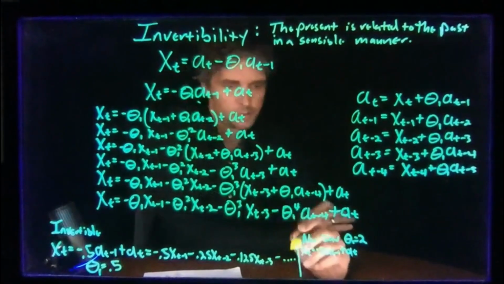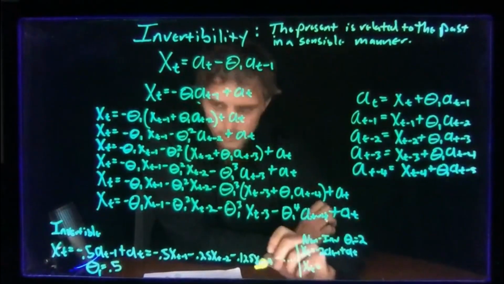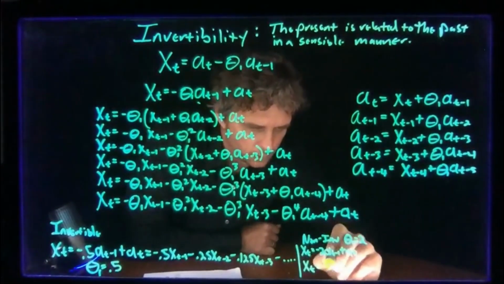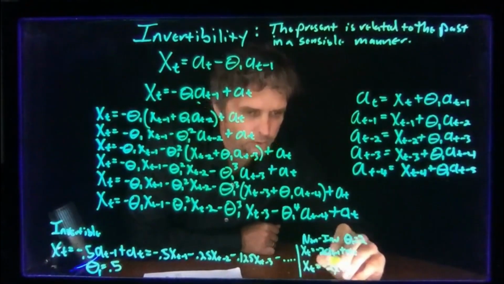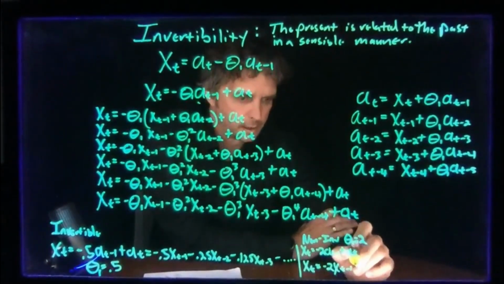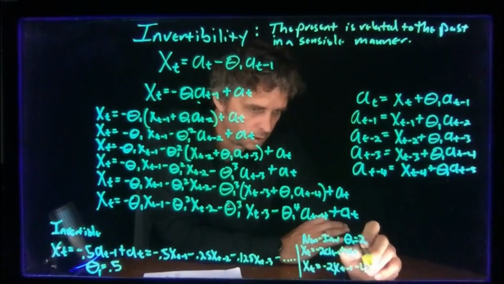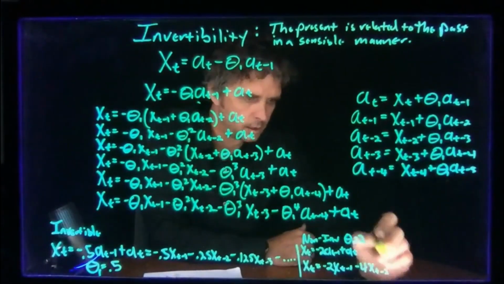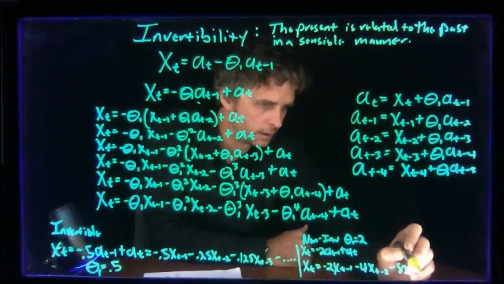So let's see what that means. X_t equals minus 2 X_{t-1}, no problem yet. So today is equal to negative 2 times whatever yesterday was, minus theta_1 squared, which is 4 times X_{t-2}, minus 2 cubed, which is 8, X_{t-3}.